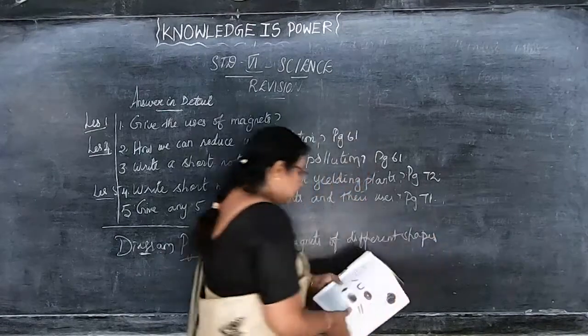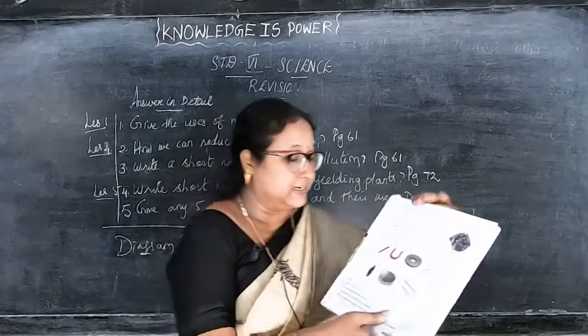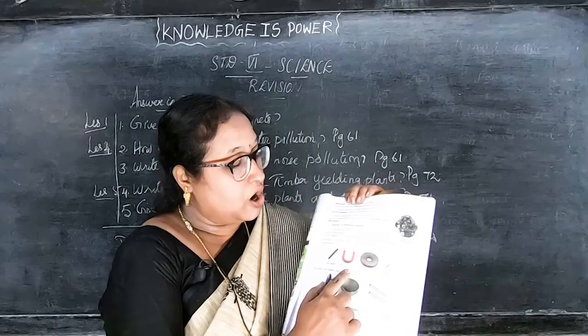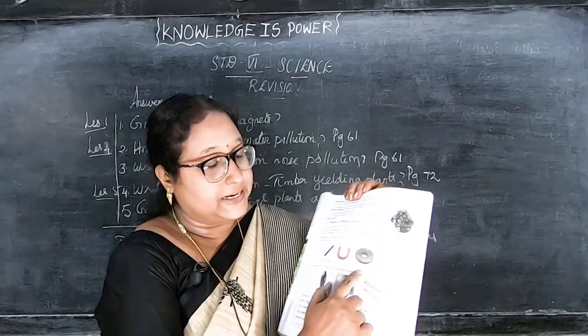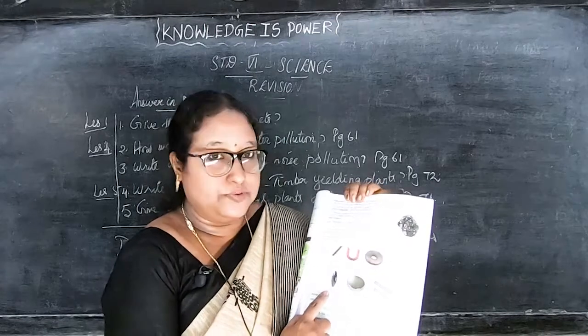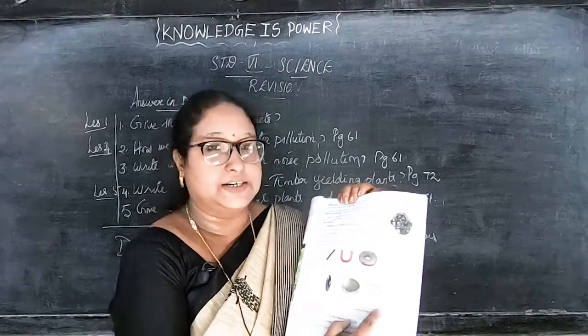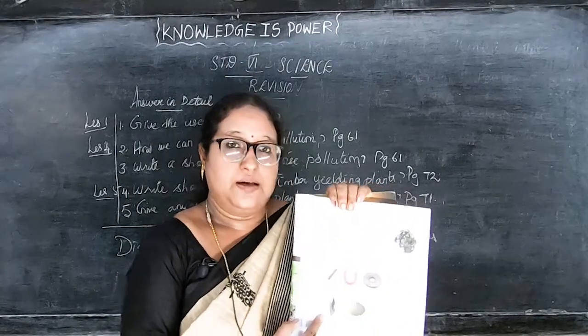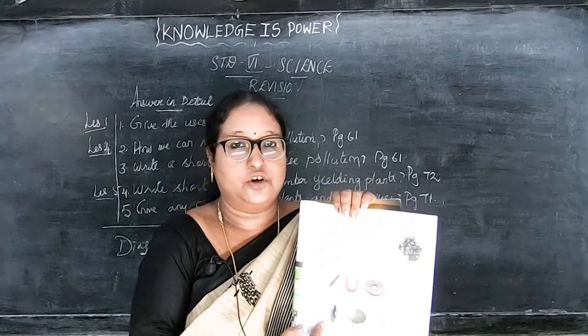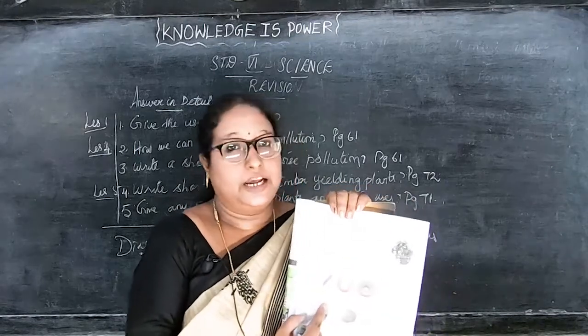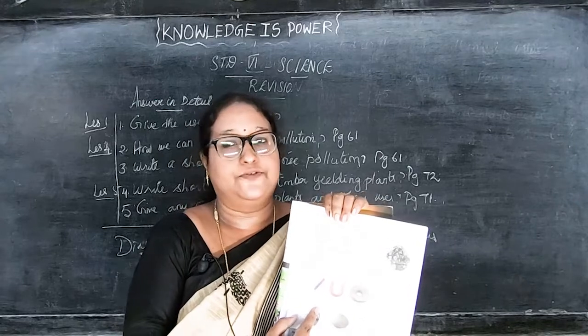Okay, that is 7 magnets: bar magnet, horseshoe magnet, ring magnet, needle magnet, oval shape, disc shape and cylindrical base. All these 7 magnets you have to draw. If you draw this, you have to write the name of the magnet also. Only then you will get full marks, student.